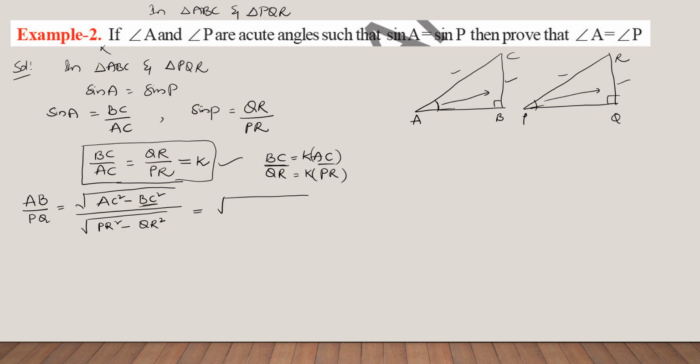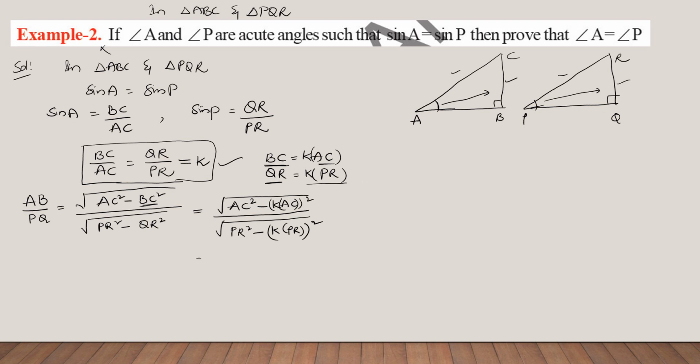So here BC I can replace, and this I can write as AC square minus k times AC whole square, divided by, in the denominator, PR square minus, instead of QR, k times PR whole square.